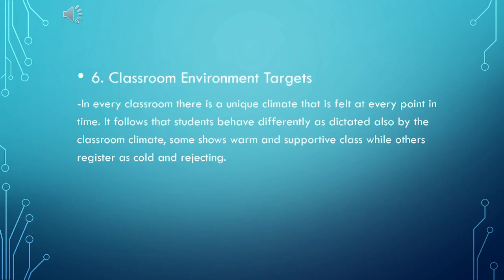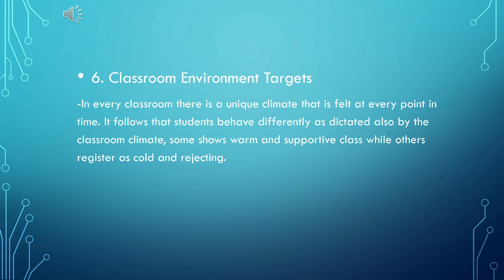Number 6 in learning targets is the classroom environment target. In every classroom, there is a unique climate that is felt at every point in time. Some manifest a comfortable atmosphere, others have a relaxed and productive ambience. As a result, there are classes that are happy and content while others are serious and tense due to the effect of the classroom climate.